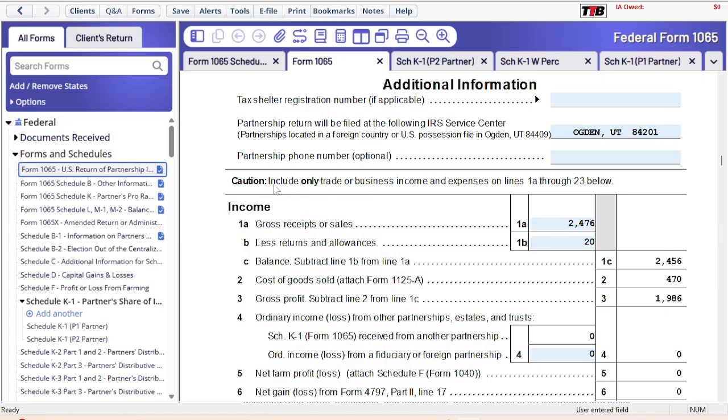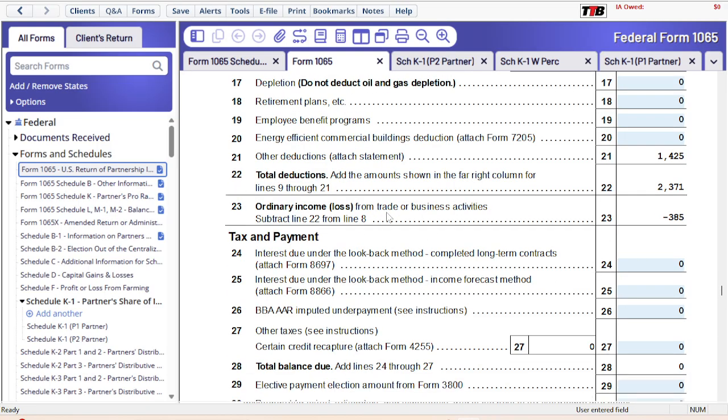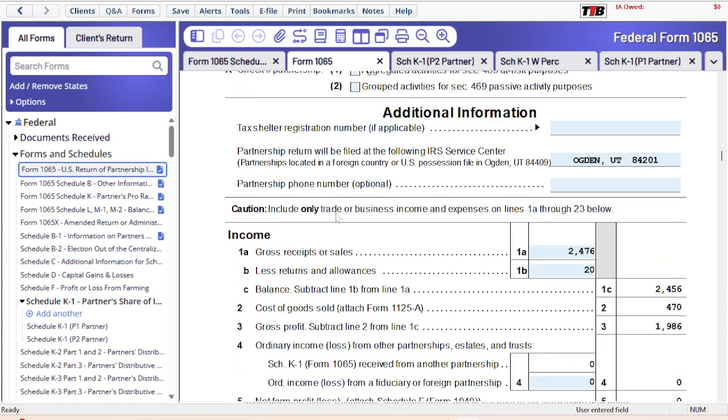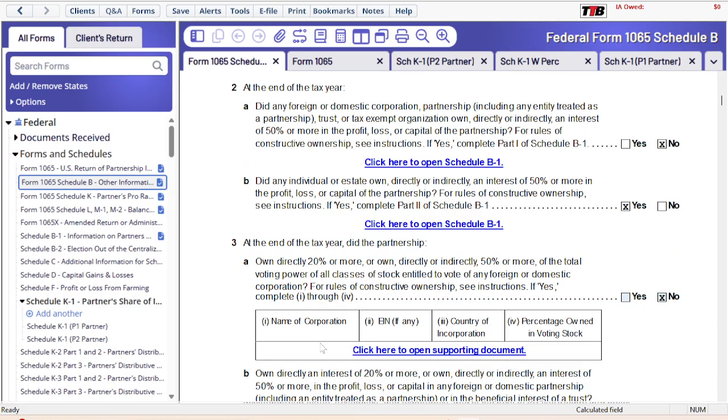But remember, do you see? Only trade or business income and expenses on lines 1a through 23 below. Trade or business income and expense, that is why we will go on 1065 page 1. What will go straight to Schedule K without touching 1065 page 1, we will come to when we get to Schedule K.